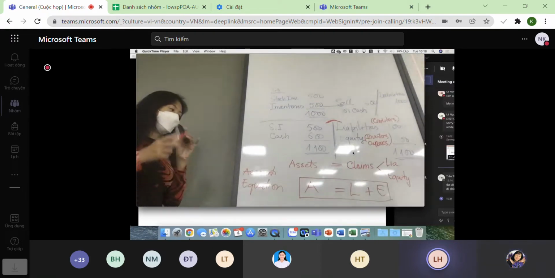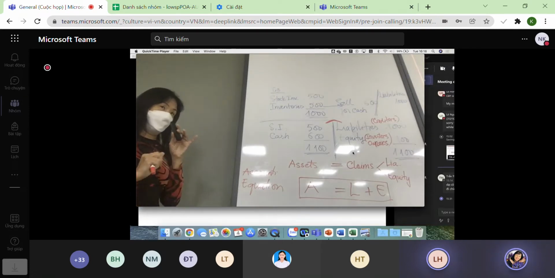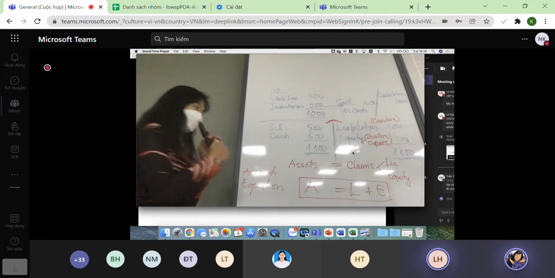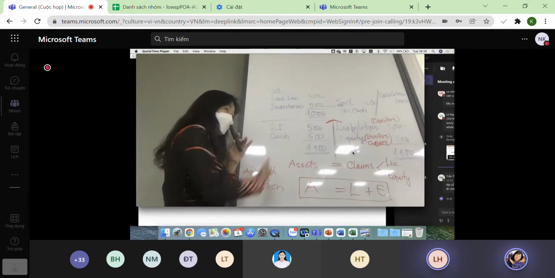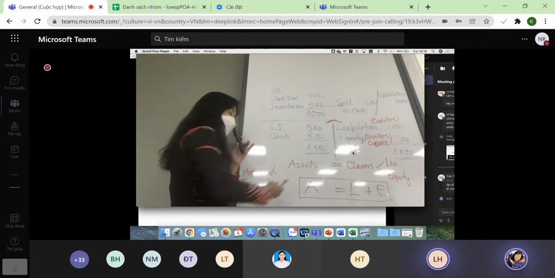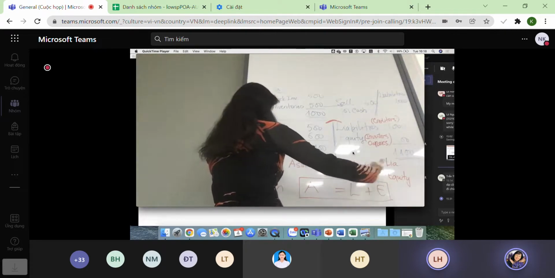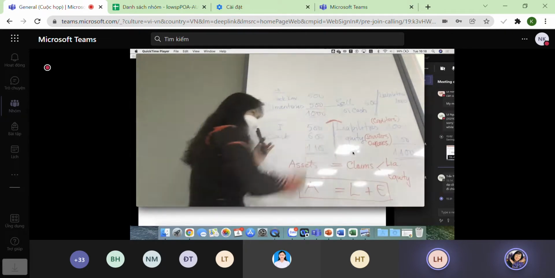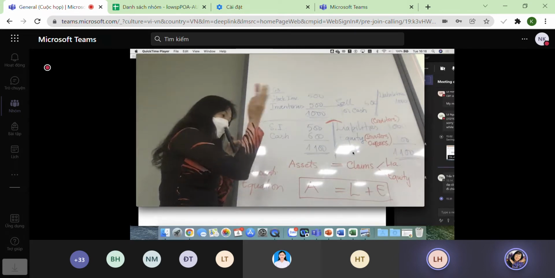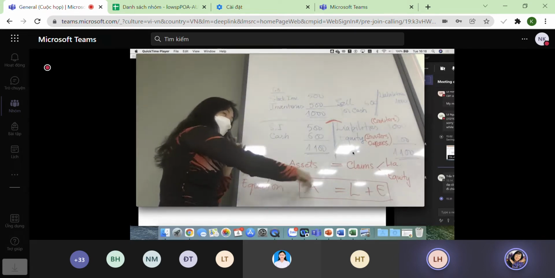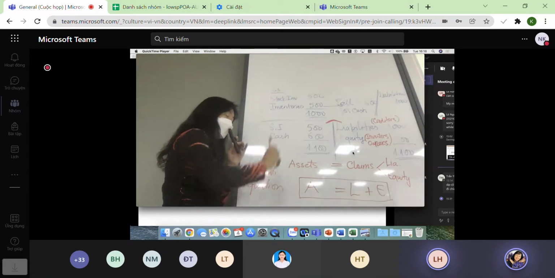And the accounting equation is always equal. Why? Because the left side of the accounting equation shows the formation of economic resources. On the right side, they show the claims or the source of the assets or of the economic resources.